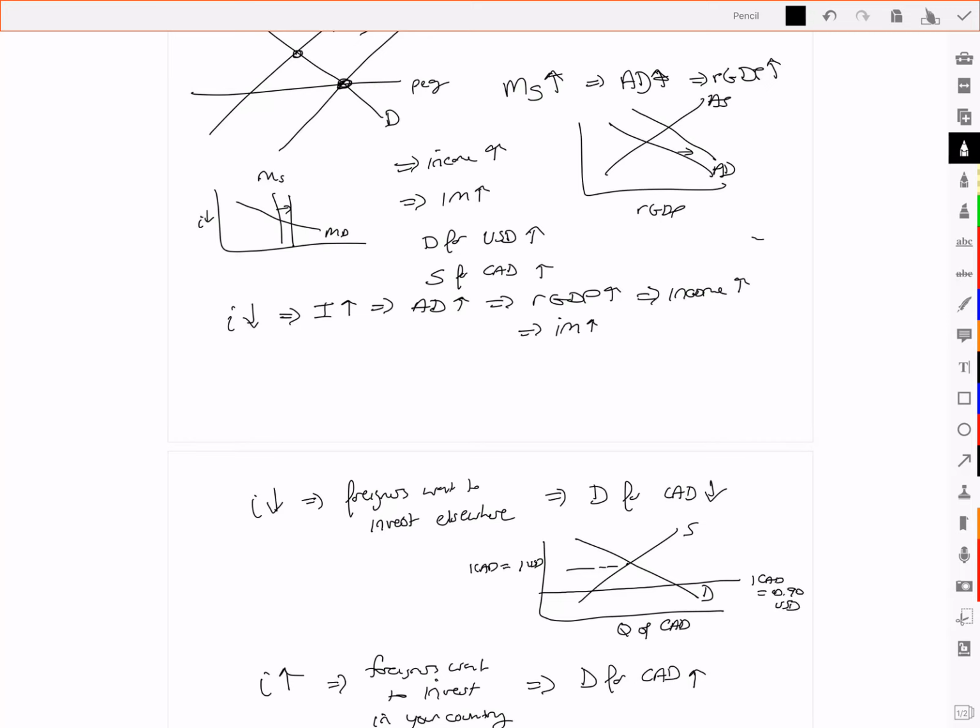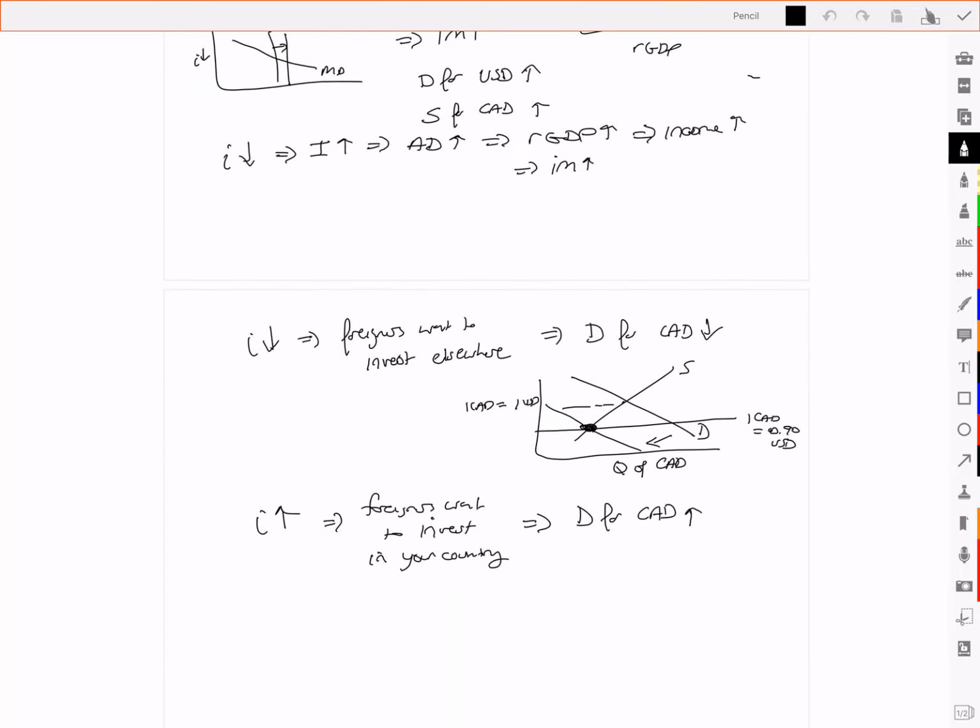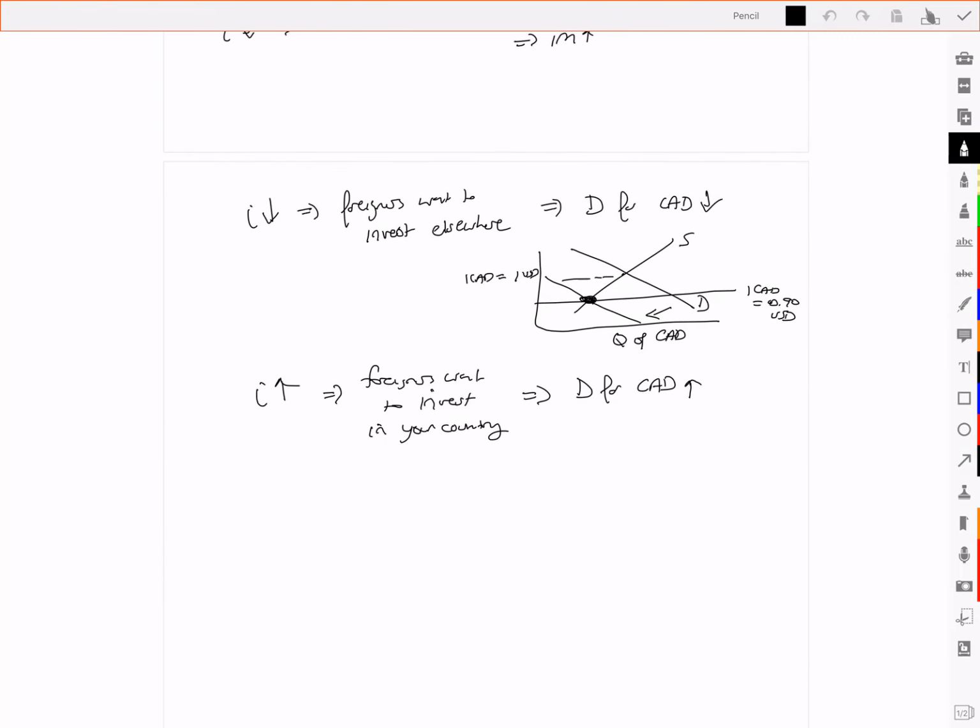Well, when interest rates fall, so foreigners don't want to invest in Canada anymore, the demand for Canadian dollars decreases, and that also puts you back on the peg. So when interest rates go up and foreigners want to invest in your country, then demand for Canadian dollars increases.